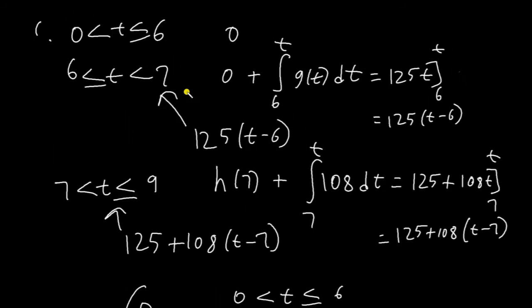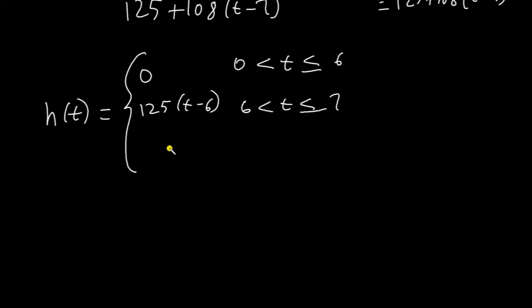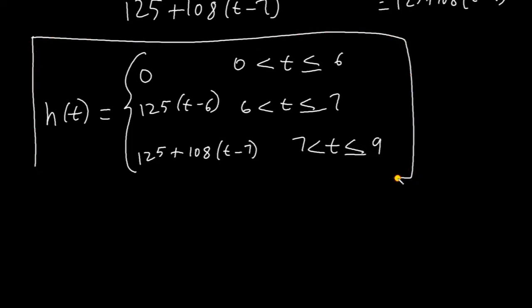That's from right here. And then for t between 7 and 9, it's going to be 125 plus 108 times t minus 7. That's for 7 less than t less than or equal to 9, right? And that is the piecewise function that tells us how much snow she's removed at a certain time t.